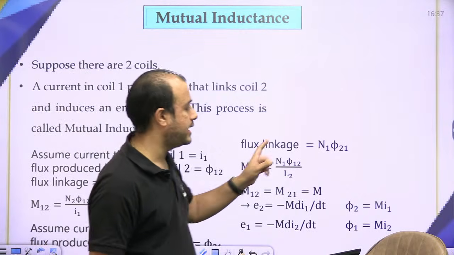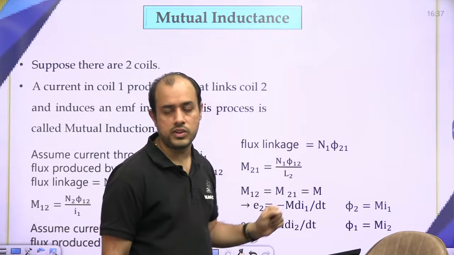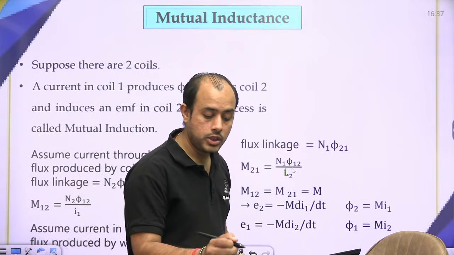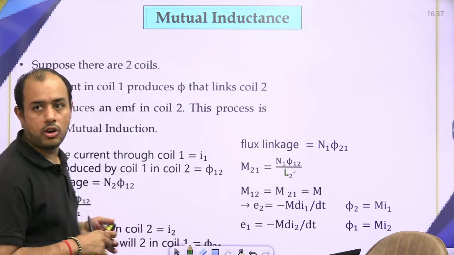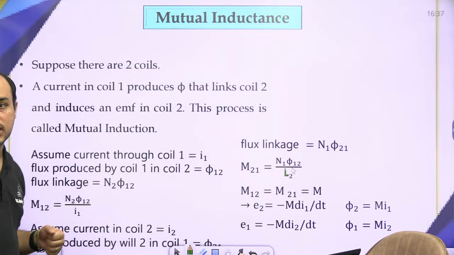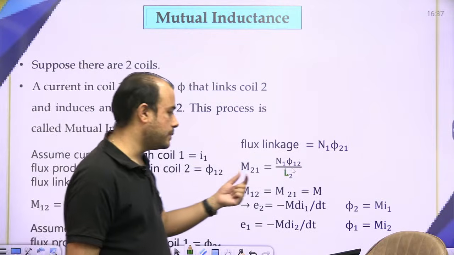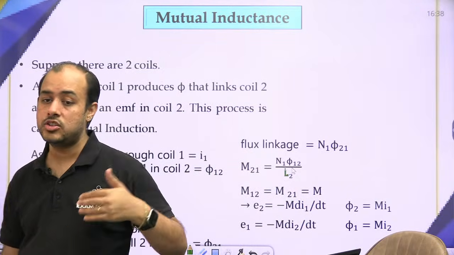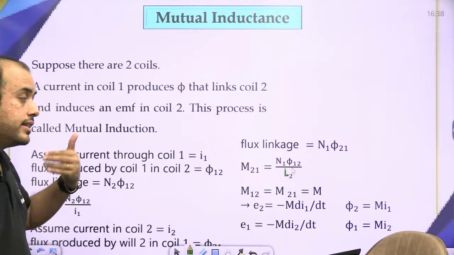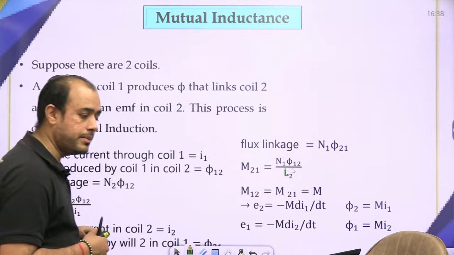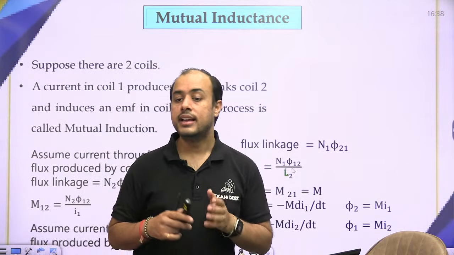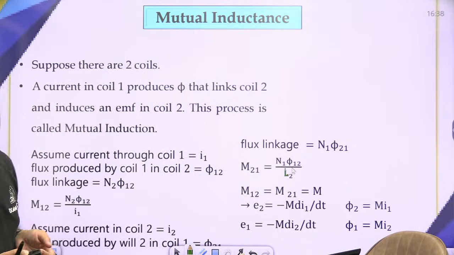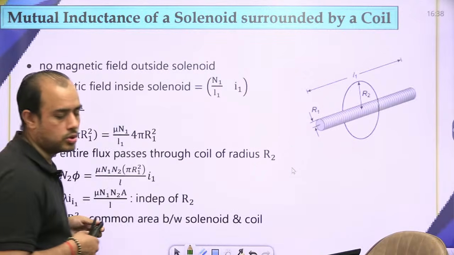So flux linkage N1 φ21 divided by I2 gives you M21. Now M21 and M12 are both equal, which is written as mutual inductance. So a change of current in one coil is responsible for the EMF induced in the other coil. This is mutual inductance.